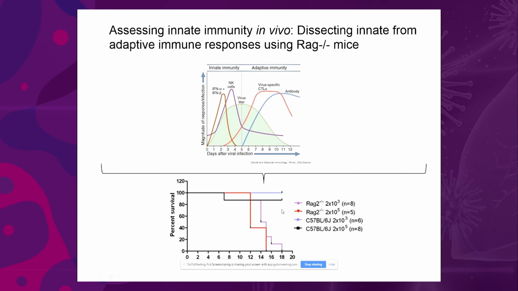As you can see here in the example of influenza virus, mice that lack the adaptive immune part, shown here with purple and red, are much more susceptible at different doses than their wild-type counterparts. However, there are descriptions of pathogens that are mostly handled by innate immune responses, and the adaptive immune system is less important.